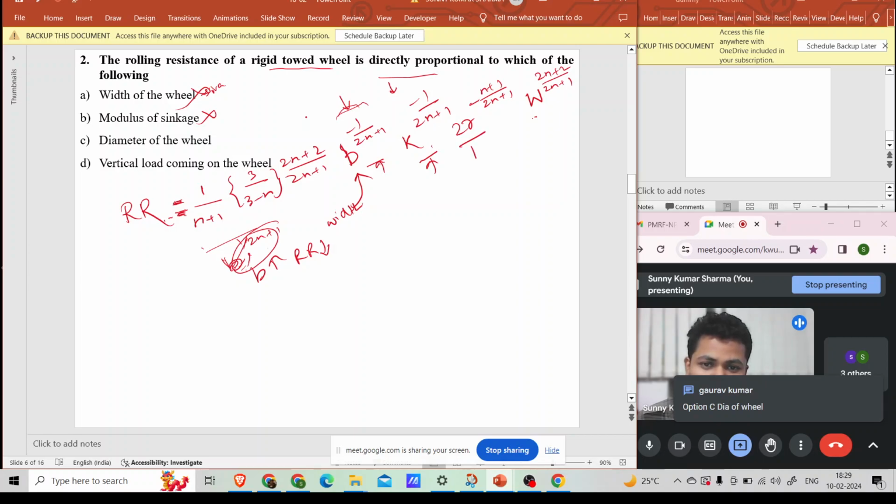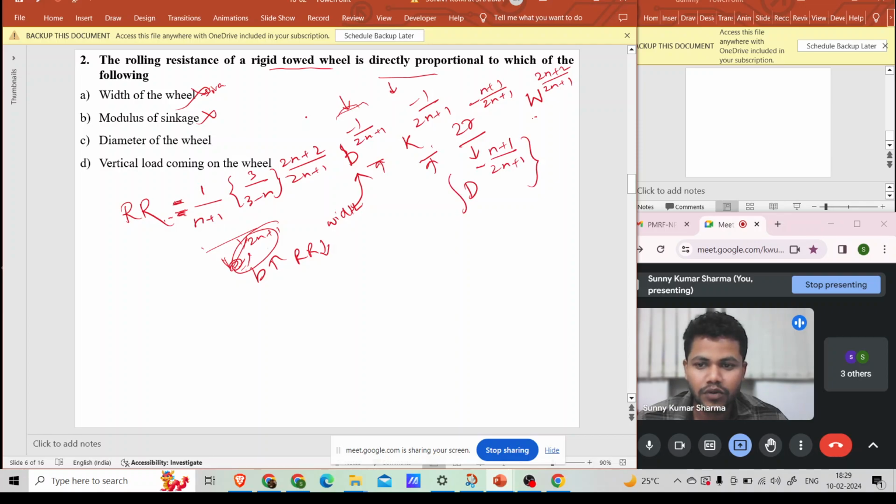Diameter of the wheel, this is d. Diameter of the wheel is also a negative power in this expression. This diameter will also go down. If you increase the diameter, then your rolling resistance will decrease, not increase. This means that it is inversely proportional. Are you not getting it? From this expression, it is clear.